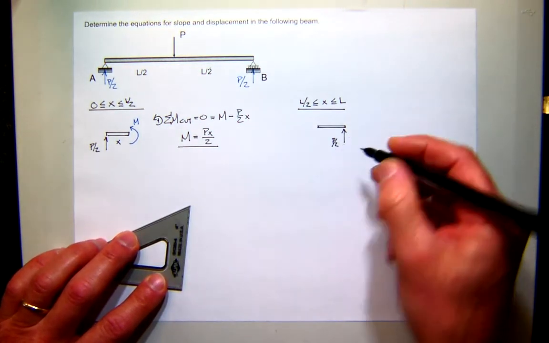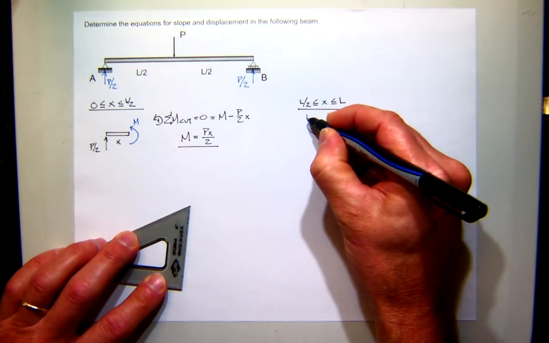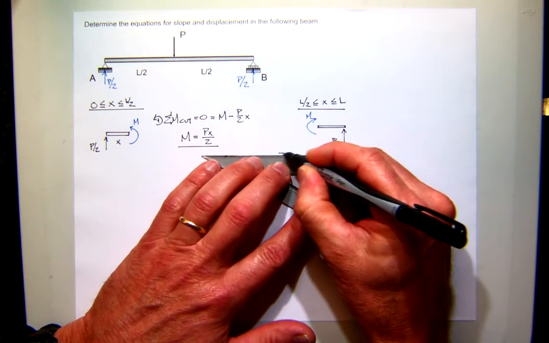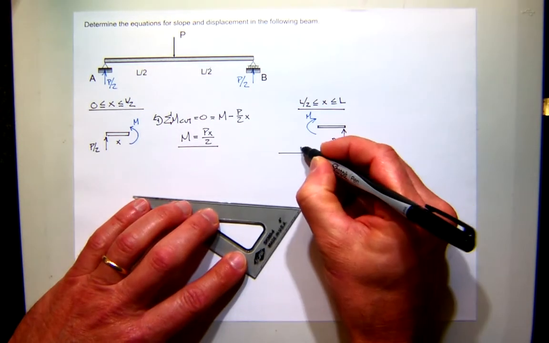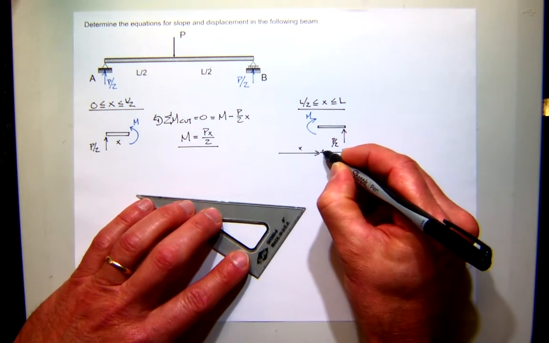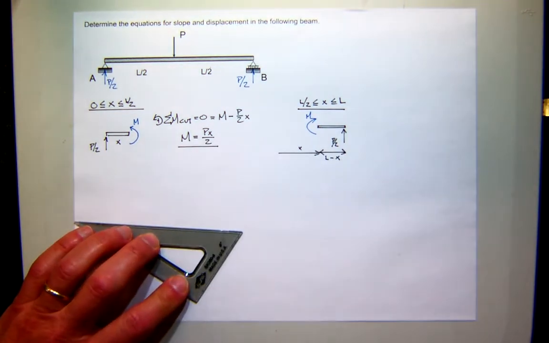I have my internal positive moment, M. Now remember, the distance to the cut is x, so the actual length of the segment is L minus x.